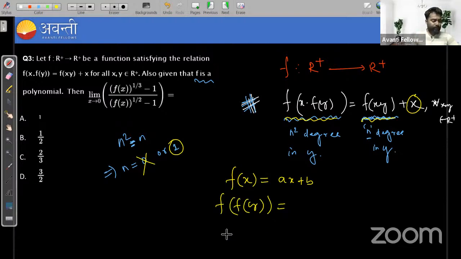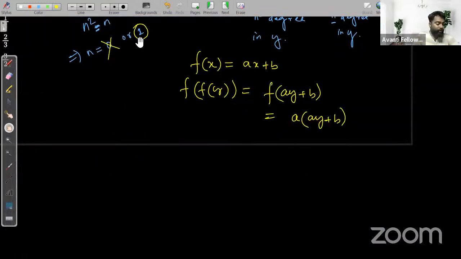If f of x is equal to ax plus b, then f of y will be ay plus b. So f of ay plus b will be a into ay plus b, plus b.